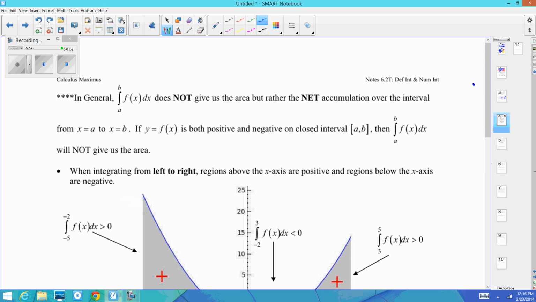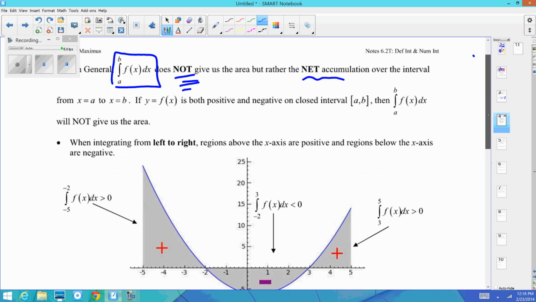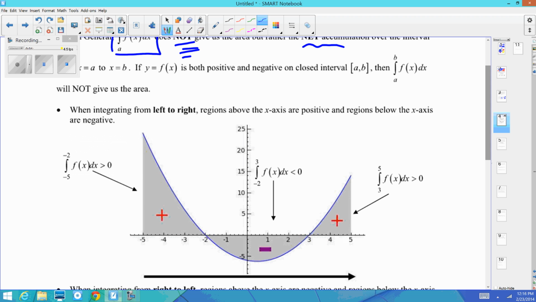So in general, this integral does not give us the area, but rather we would call it a net accumulation. It adds up the area and subtracts the areas below the curves. For example, if you integrate from -5 to 5 of f of x dx, you won't get the total area.